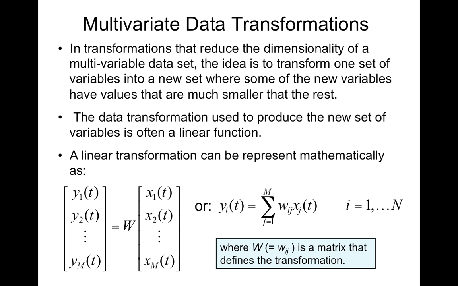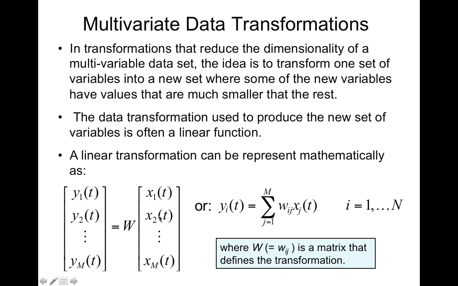Okay, so multivariate data transformations: what you really want to do is figure out how to solve the inverse problem. Is there some way, given measurements, that you could get your original sources back? We first have to think about it in reverse.